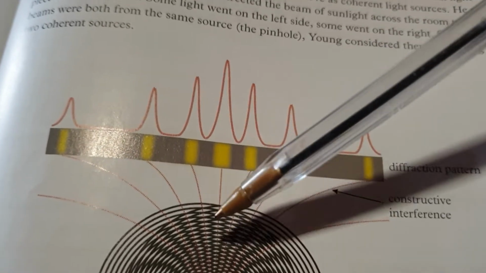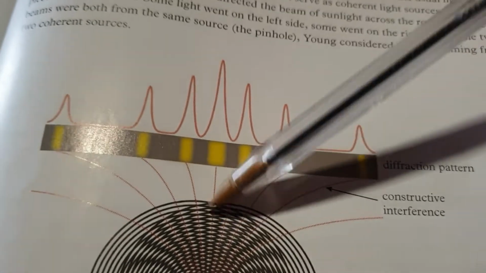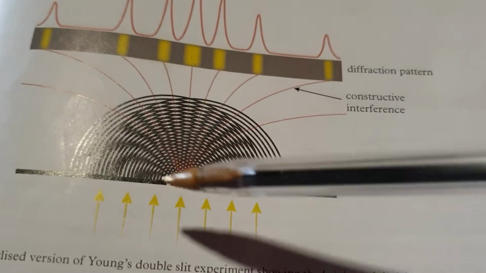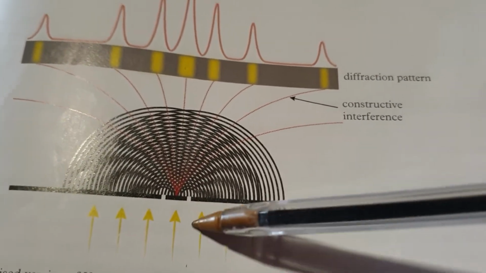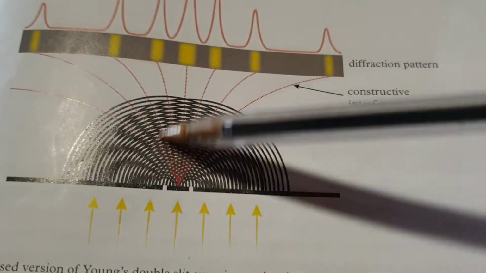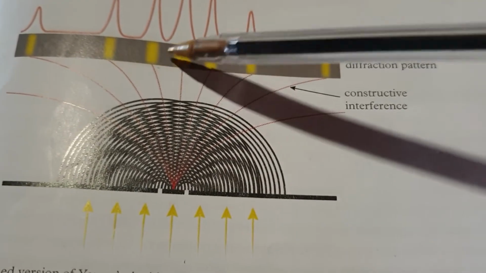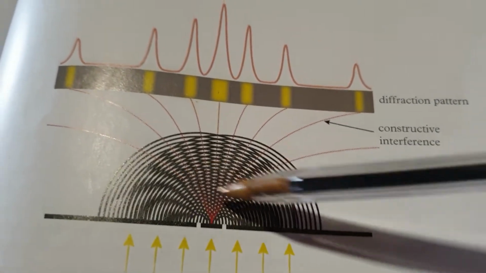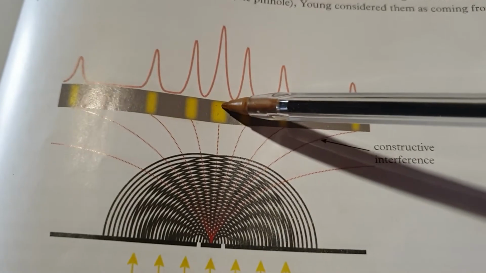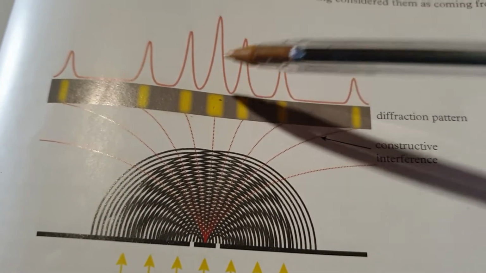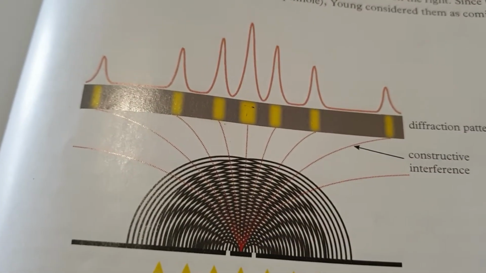That is a characteristic of waves. Waves do that, particles do not. If light was particles coming through these two narrow slits, you'd just expect two bright bands over here. But because it produces this very characteristic wave phenomenon, we know that light travels as a wave.